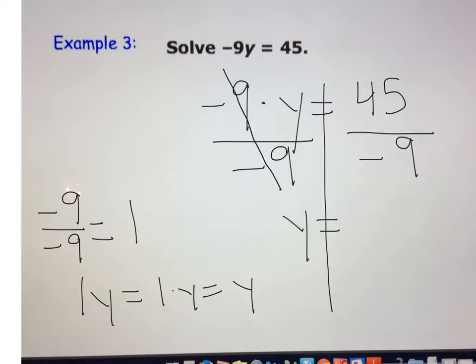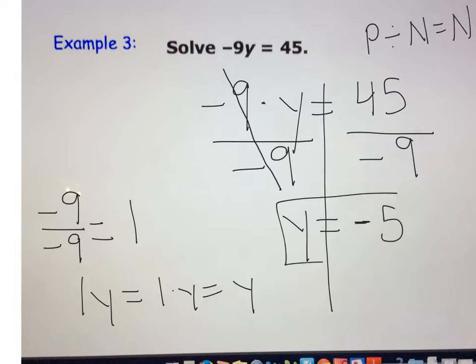On the other side, we have 45 divided by a negative 9, so we have a positive divided by a negative, which is equal to a negative. So I know my answer is going to be negative, and 45 divided by 9 is equal to 5, so my solution should be y equals negative 5.